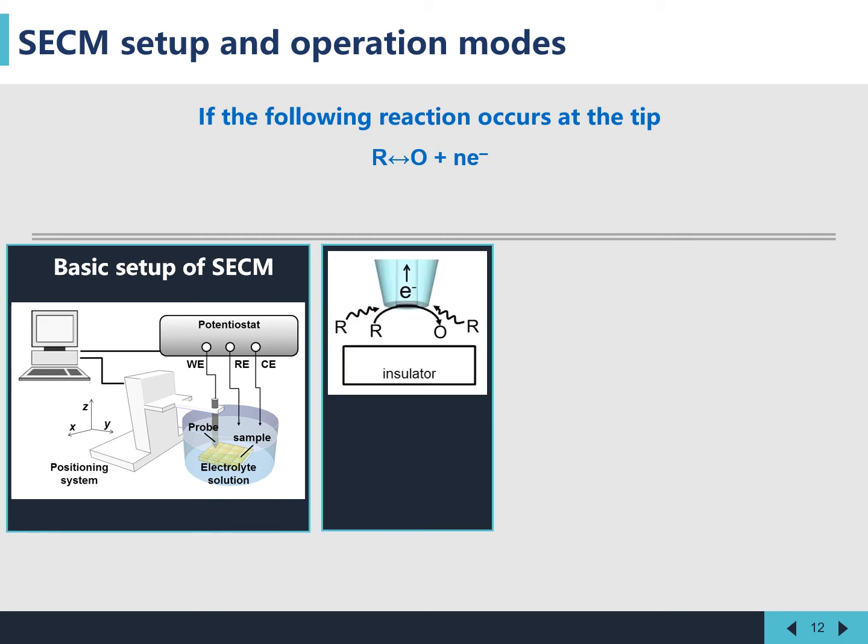So in the first mode, the probe is approaching an insulator, and the diffusion of the reduced species R is hindered, and therefore the current signal decreases. This mode is called negative feedback mode.